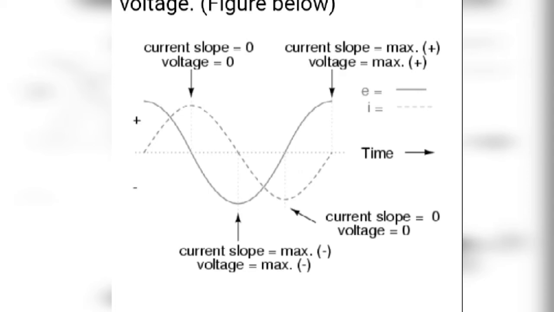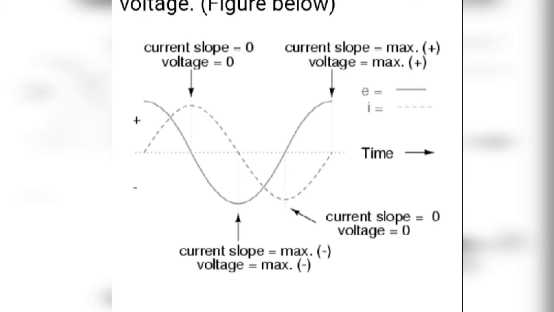Where the current slope is zero, the voltage is at its maximum, and where the current slope is at its maximum, the voltage is zero. The dark line is showing the voltage.